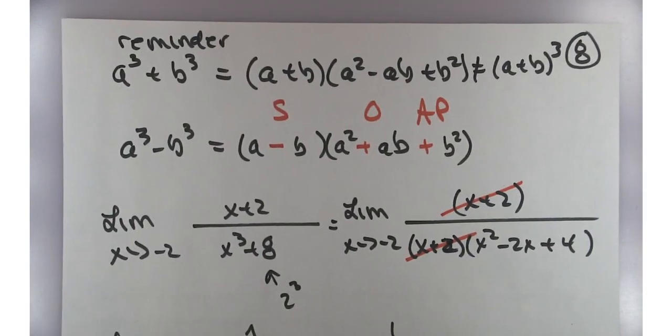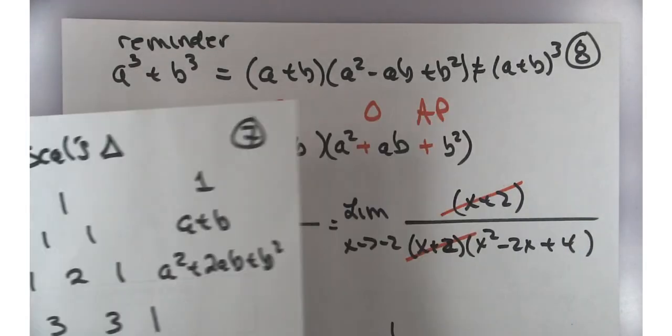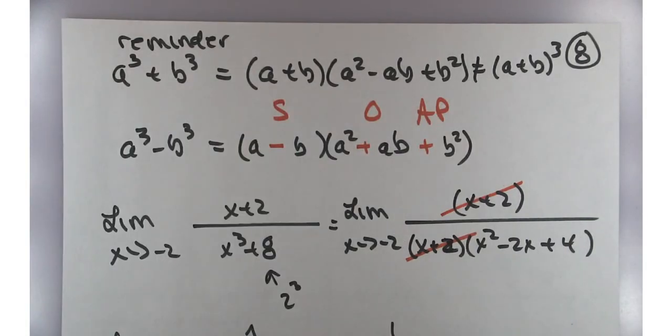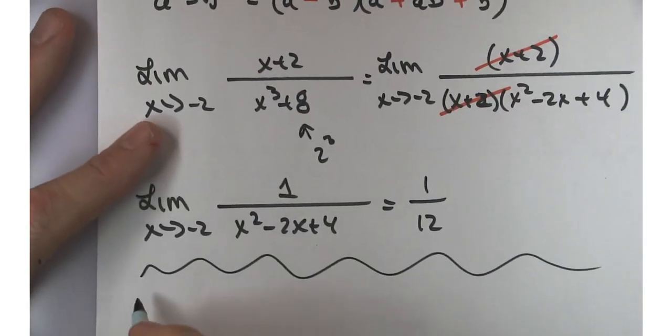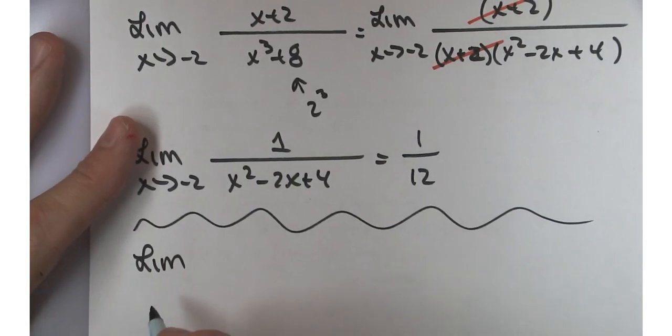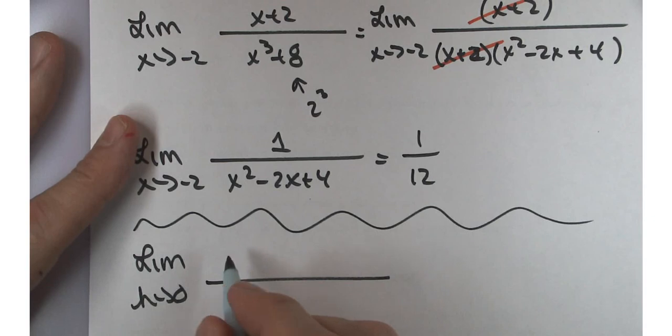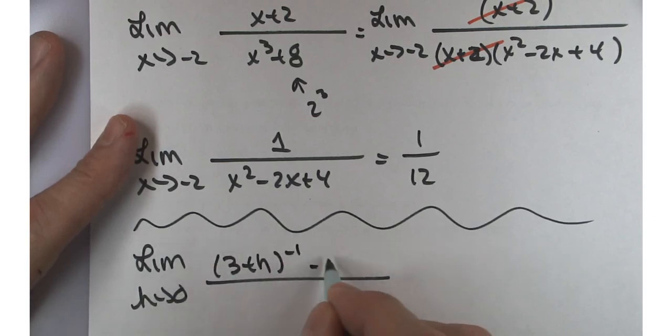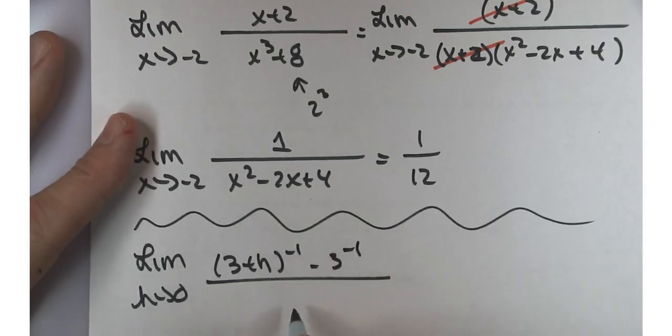Unlike the previous couple problems where you have to do a reminder, there's not really a reminder we have to work on in this one. Limit as h approaches 0 of (3 plus h) to the negative first power minus 3 to the negative first power over h.